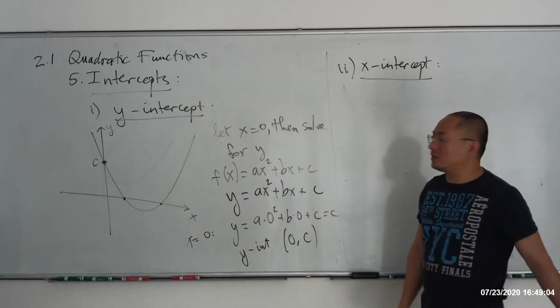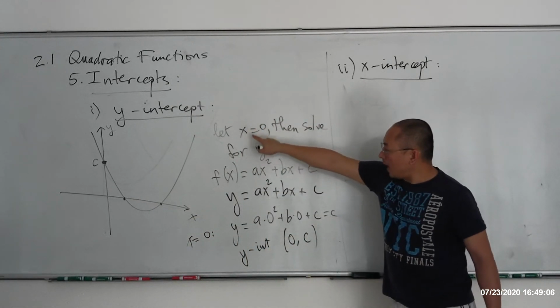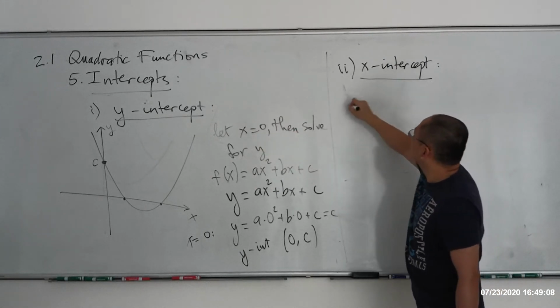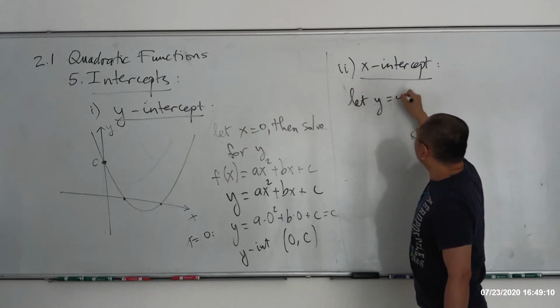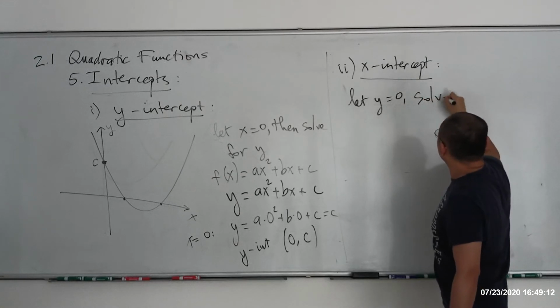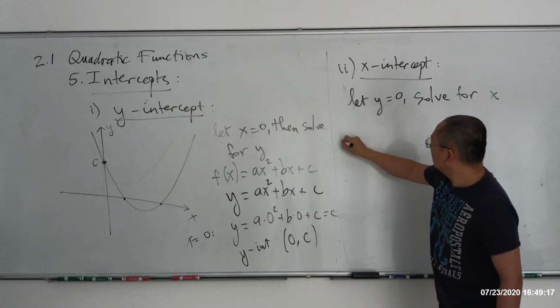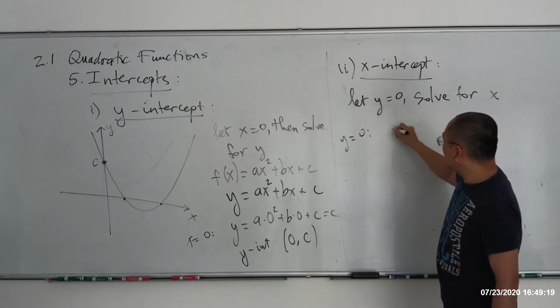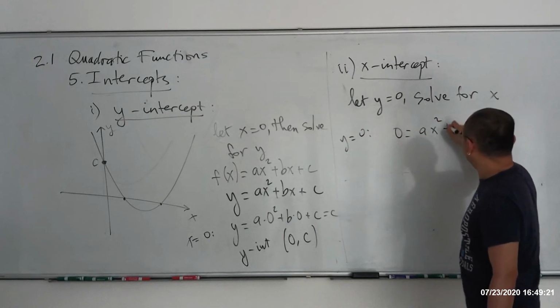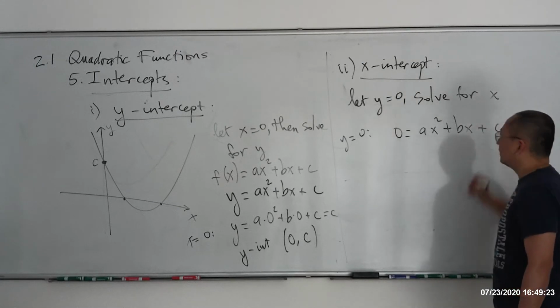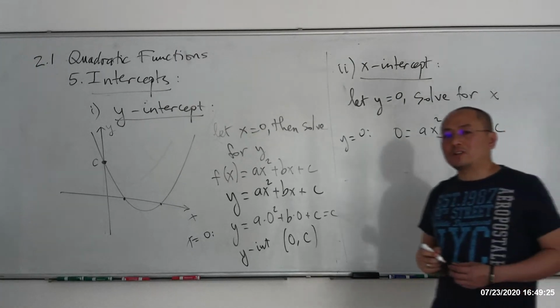So to find the x-intercept, you let y equal to 0 and solve for x. You have 0 is equal to ax squared plus bx plus c. How do you solve for x from here?